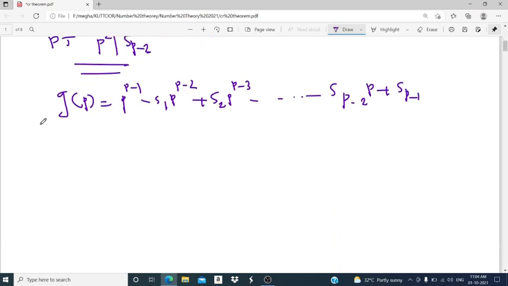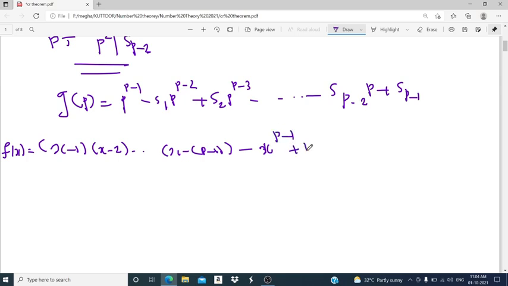And by a known theorem, if you take the polynomial f of x equal to x minus 1 into x minus 2 into etc. x minus (p minus 1), minus (x to the power p minus 1, minus 1), then every coefficient of f of x is divisible by p.